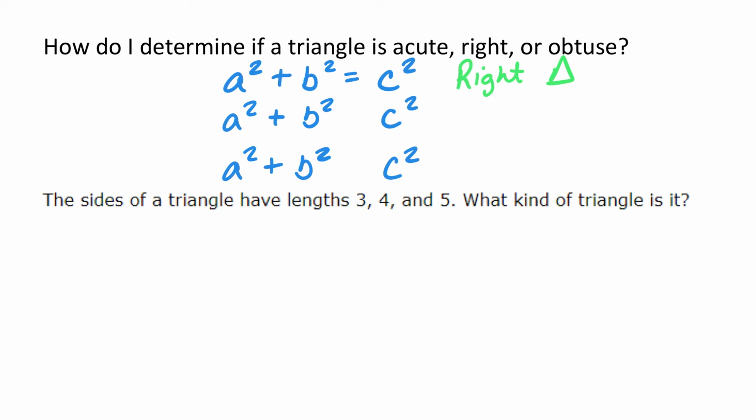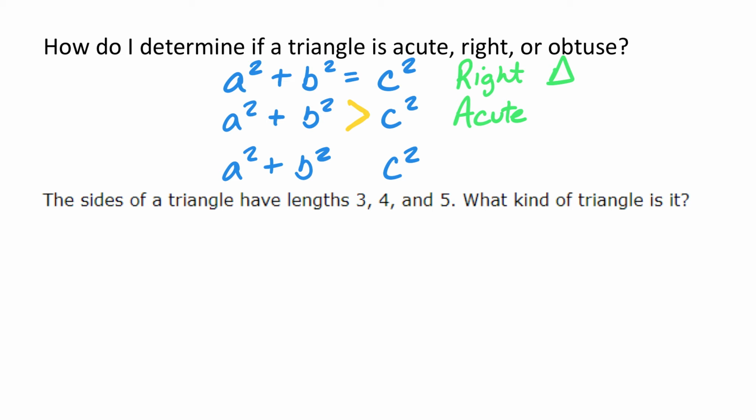What you'll need to highlight for yourself is this: if the small guys, a squared plus b squared, are greater than the big guy, which is c squared, we have an acute triangle. The cute little guy is one, right? So in our competition, we have an acute triangle because the small guys became larger than the large guy.